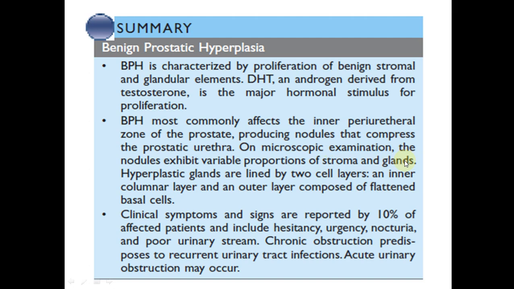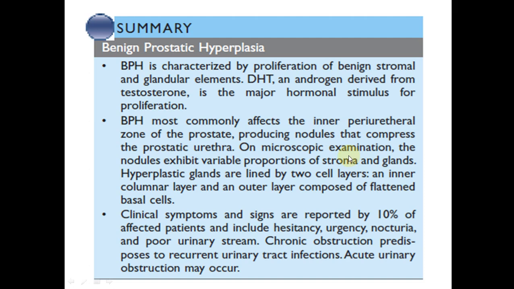In some conditions, the glandular tissue undergoes hyperplasia and hypertrophy more as compared to the connective tissue, and in some conditions the connective tissue undergoes more hypertrophy and hyperplasia as compared to the glands, and in this situation we will get solid hard nodules.